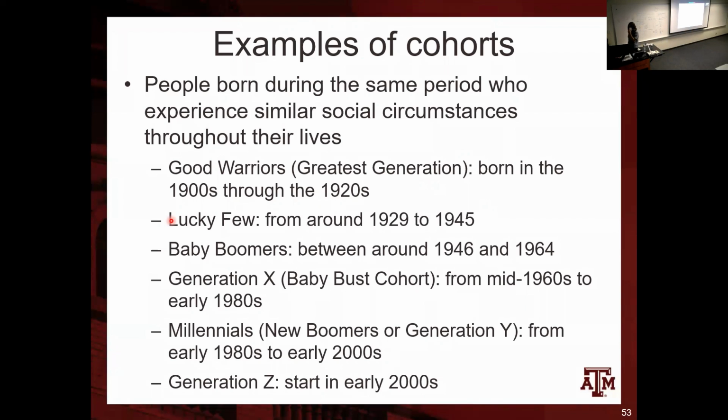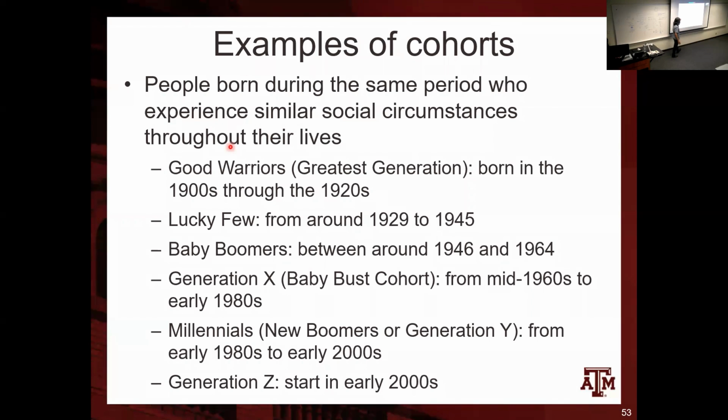People born during the same period who experience similar social circumstances throughout their lives usually are classified within the same birth cohort. The greatest generation were born in the 1900s through the 1920s. They faced the Great Depression in the 1930s. They fought in World War II when they were already young adults.